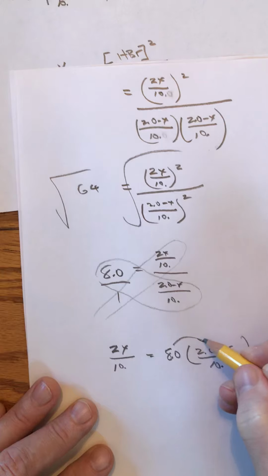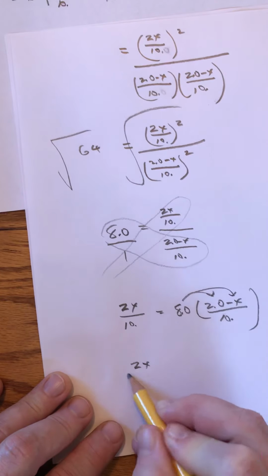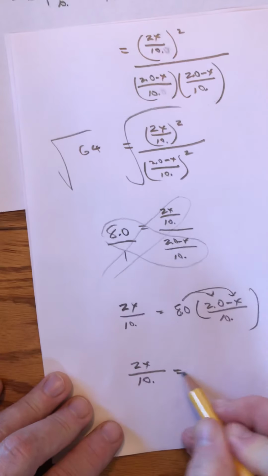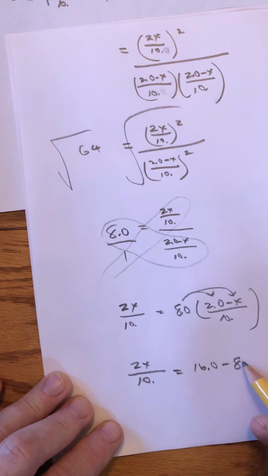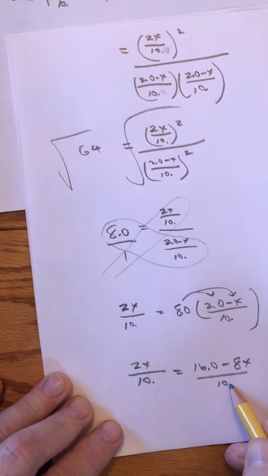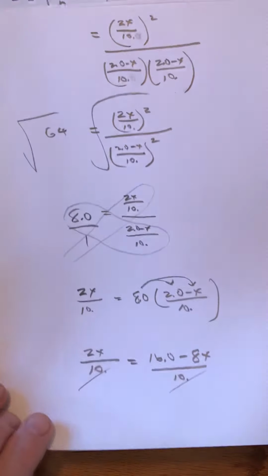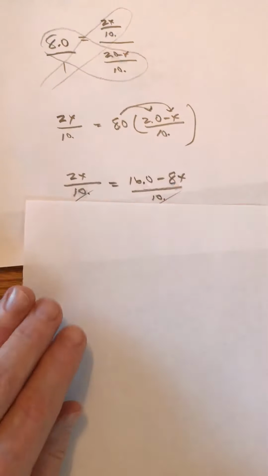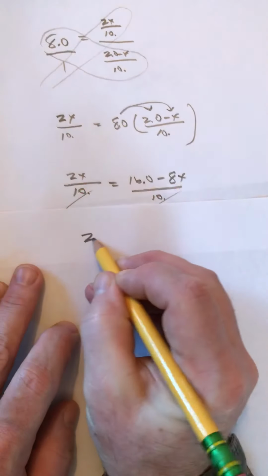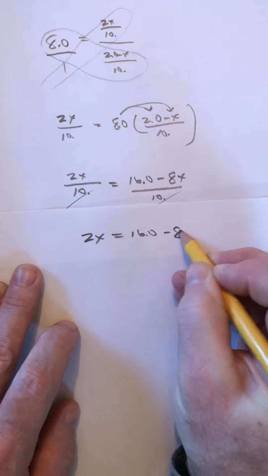I'm going to distribute. 2x over 10 is equal to 16 minus 8x over 10. Those 10s would cancel out. 2x equals 16 minus 8x.